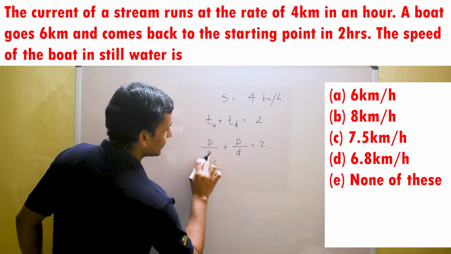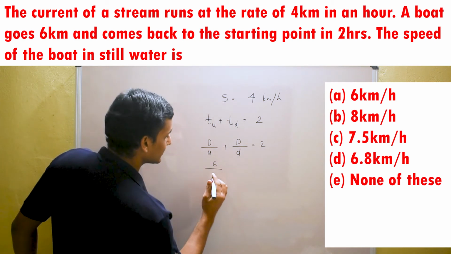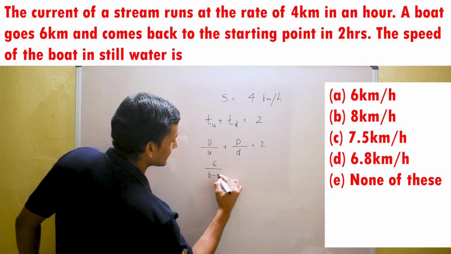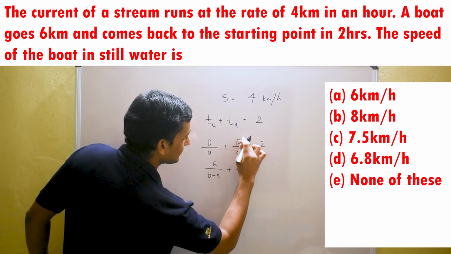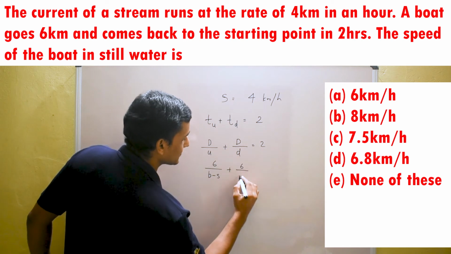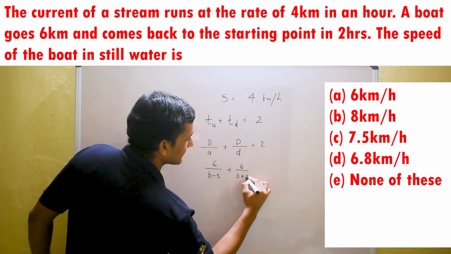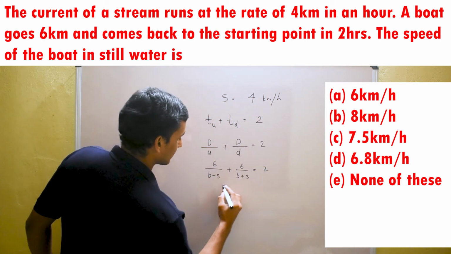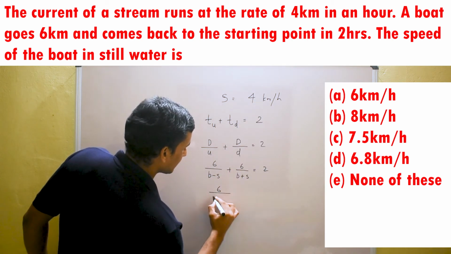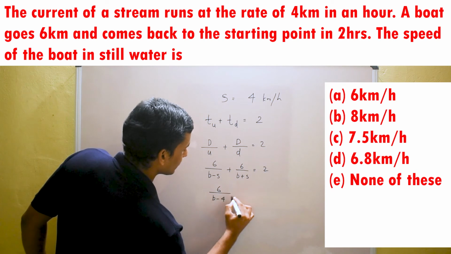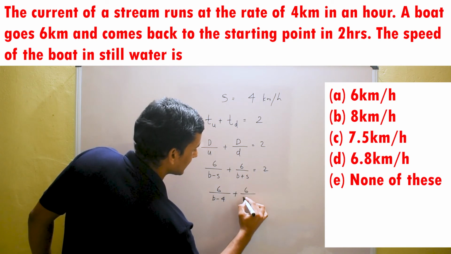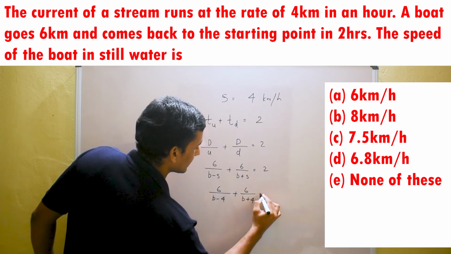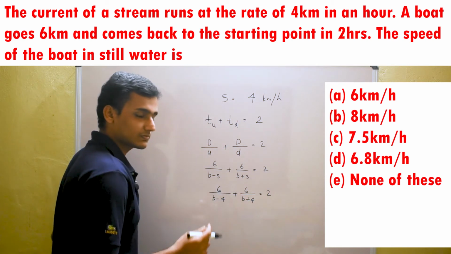Substitute here, and you know that upstream speed U is B minus S. Same distance 6 divided by downstream speed B plus S equal to 2. Speed of the stream S is given 4. 6 divided by B minus 4 plus 6 divided by B plus 4 equal to 2.